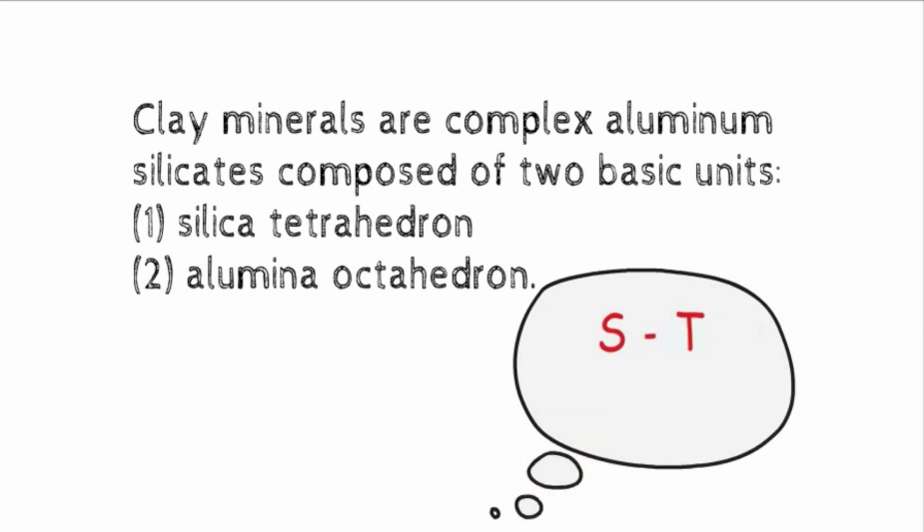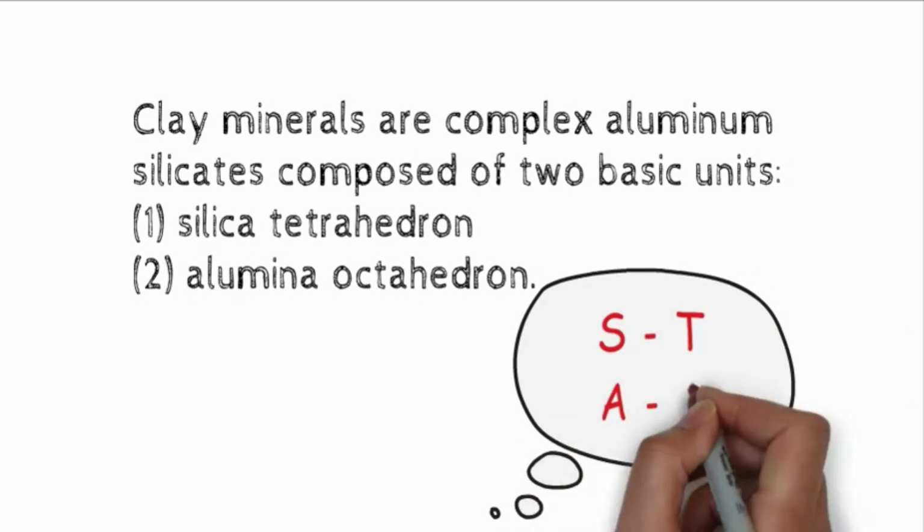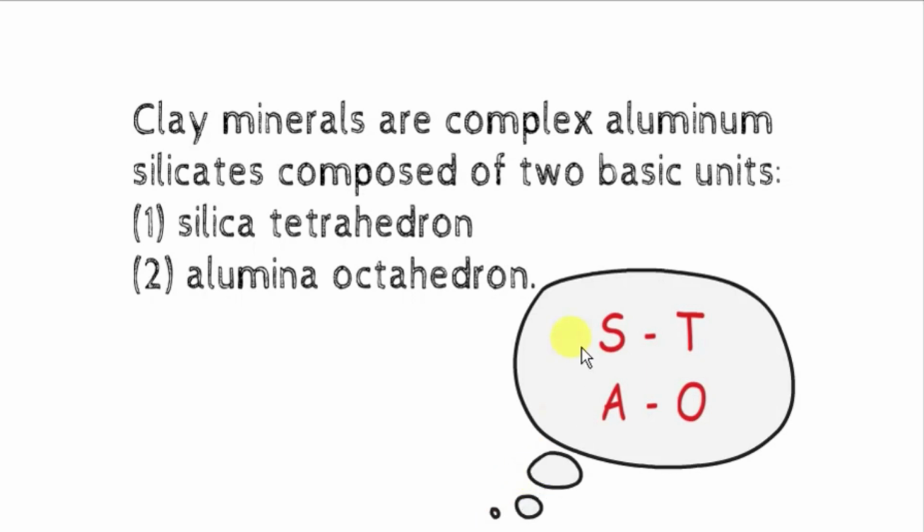So let's make it easier with some mnemonics as shown here. S and T: silica is tetrahedron, and alumina is octahedron. For example, you can remember it this way: AeIOU, and that's how it's alumina octahedron. When you know the structure of silica tetrahedron and alumina octahedron, it will be easier.